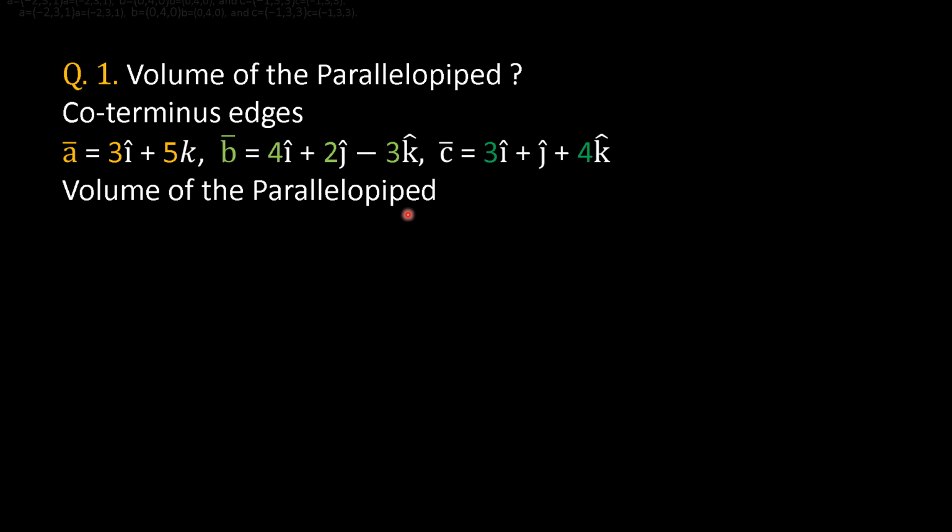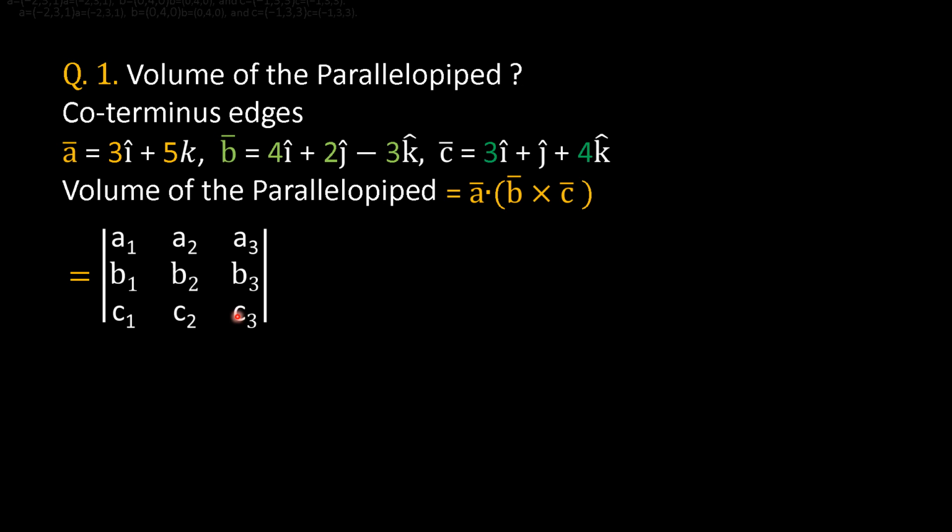Volume of the parallelepiped is given as a bar dot b bar cross c bar, which is given as the determinant a1 a2 a3, b1 b2 b3, c1 c2 c3, which will be 3 0 5, 4 2 minus 3, 3 1 4.